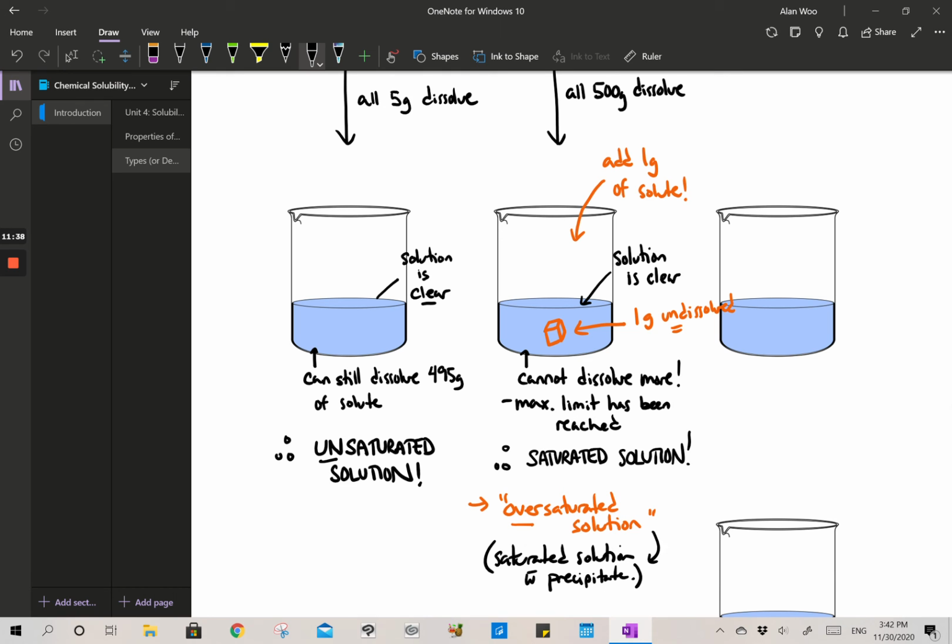That's what oversaturated means. You haven't dissolved more substance, and the solution, the liquid portion itself, the actual mixture, is still saturated.